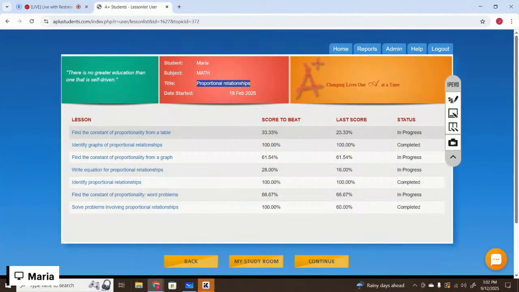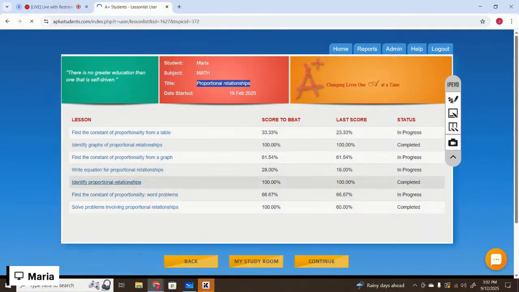Here I am on grade 8 math. Let's just start with the chapter proportional relationships. Let's just start with the lesson identify proportional relationships.